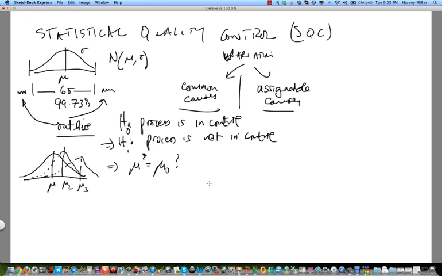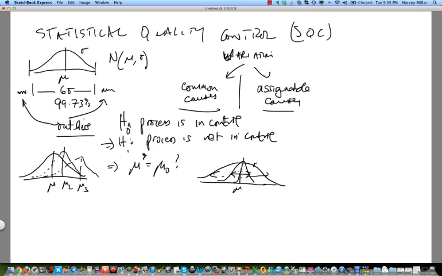So the average of a process can change over time, and we want to be able to detect that when that happens. Another thing that could change is the variability of a process. So just consider this case here. What if this is our process variation, sigma? So this is what we're seeing as our variation right now. Well, it's possible for us to begin to see something that looks like this. Whoa, if you check that out now, we have a lot more variation in this case.